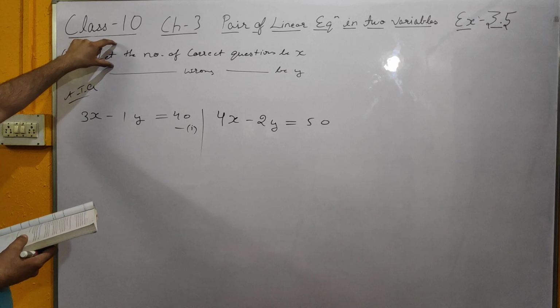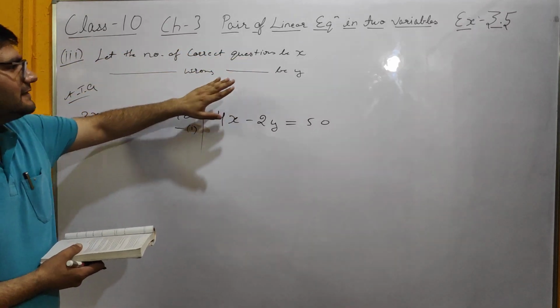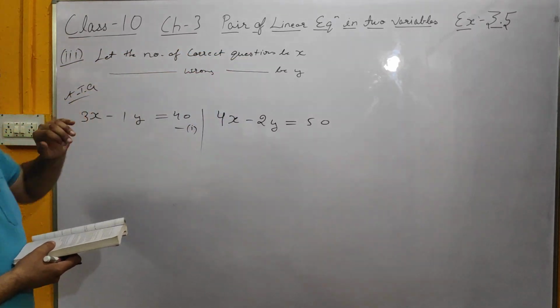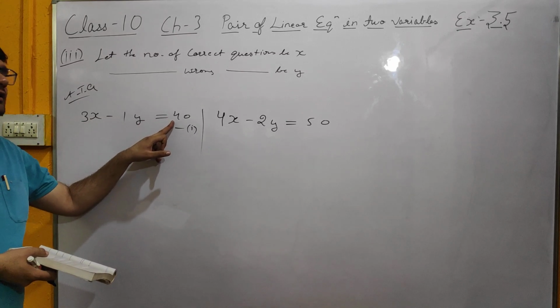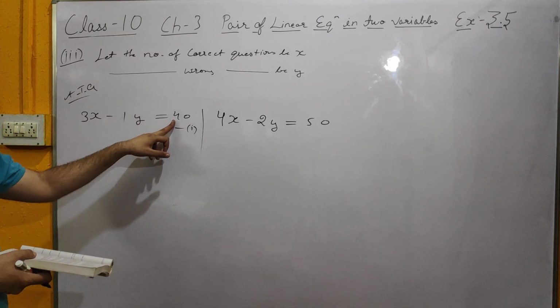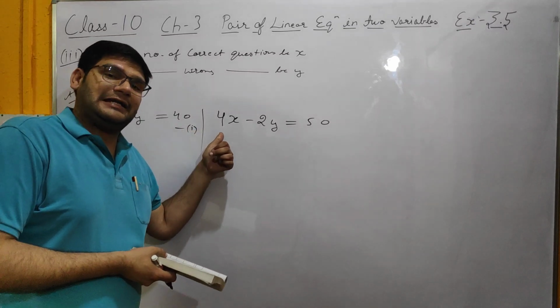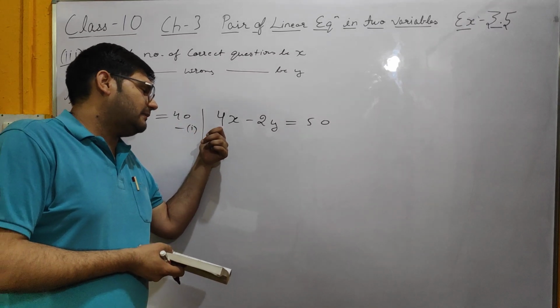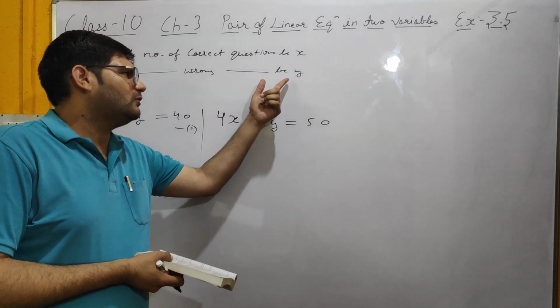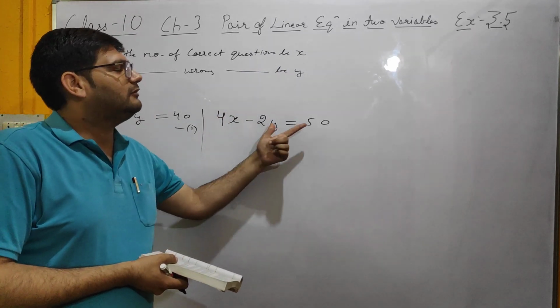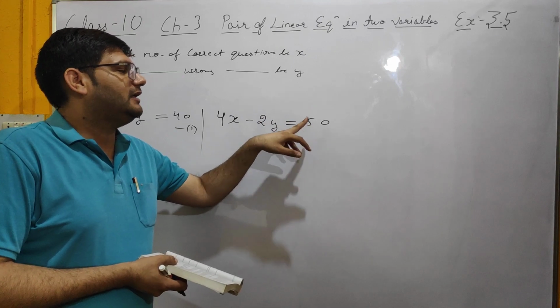Let the number of correct questions be x and the number of wrong questions be y. If 4 marks are awarded for correct questions and 2 deducted for wrong ones, you will get 50 marks.